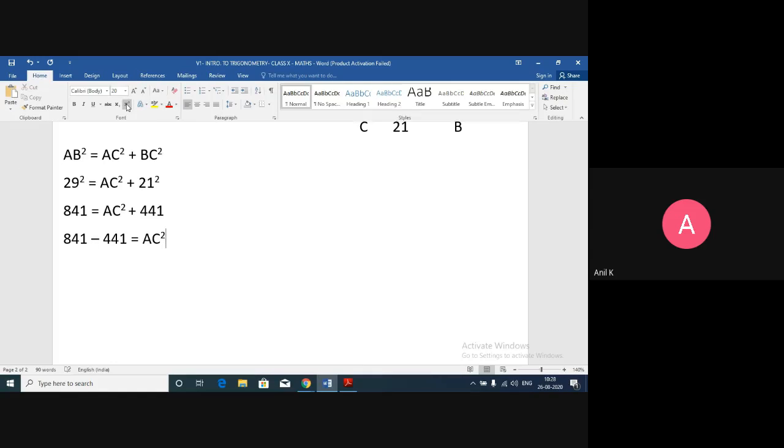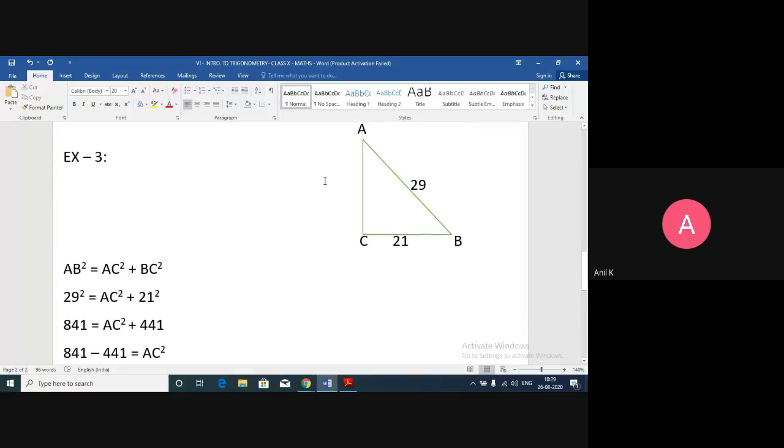Then 841 minus 441 is 400, which equals AC square. If I want to remove the square, I take the square root on both sides. Under root 400 is 20, equals AC. So the AC value I got is 20.